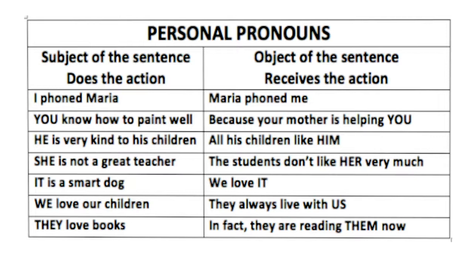The words like you, him, her, it, us, and them refer to the object of the sentence, and it can be the person or animal or thing that receives the action shown by the verb in the sentences, and most of the time they come after the verbs or a preposition.